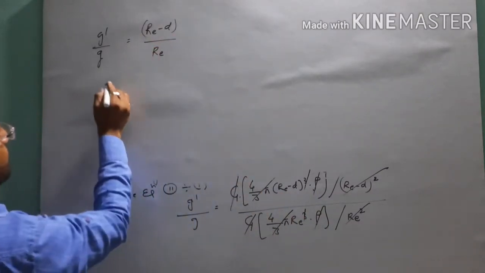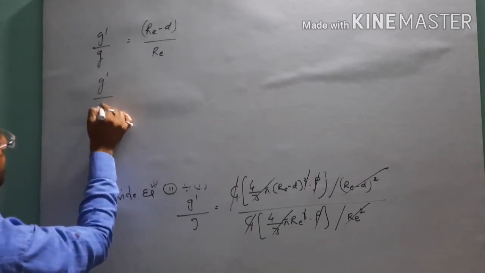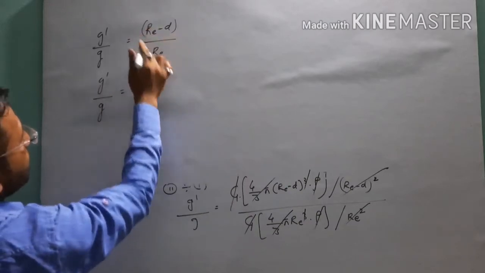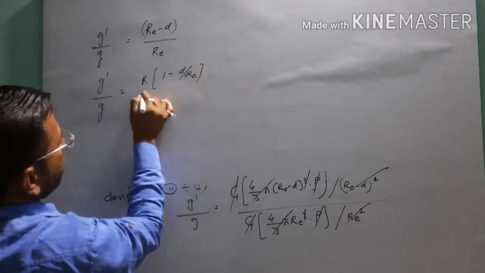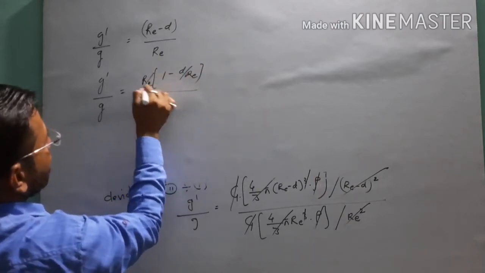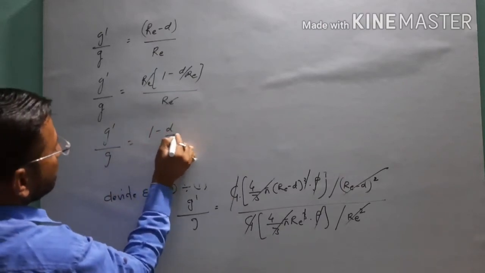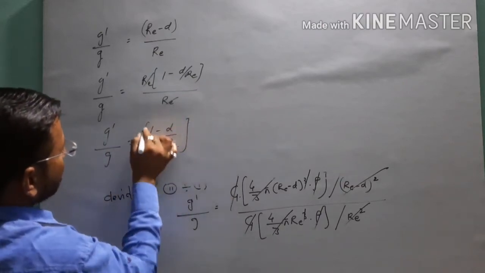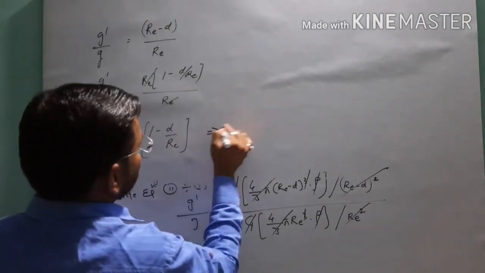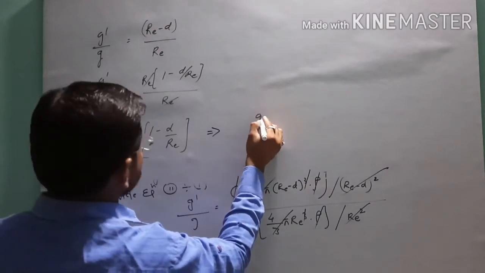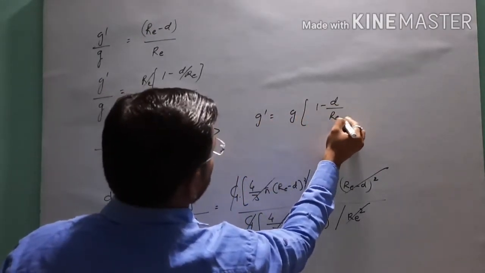Now we can take Re common. g dash upon g is equal to, taking Re common, 1 minus d upon Re, upon Re. Point clear? Cancel out. g dash upon g is equal to 1 minus d upon Re. This is the relation when we talk about the effect of depth. g dash is equal to g times of 1 minus d upon Re.